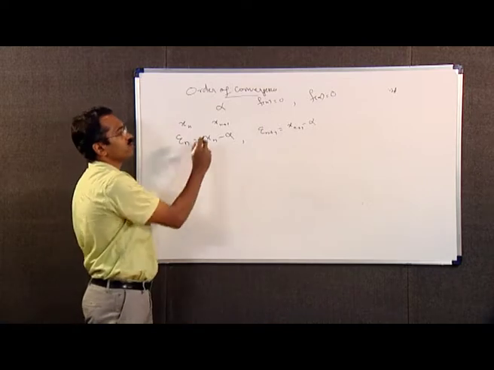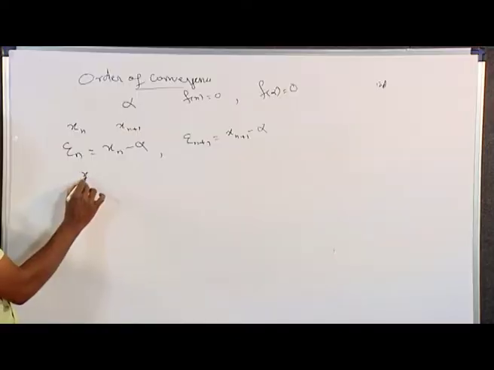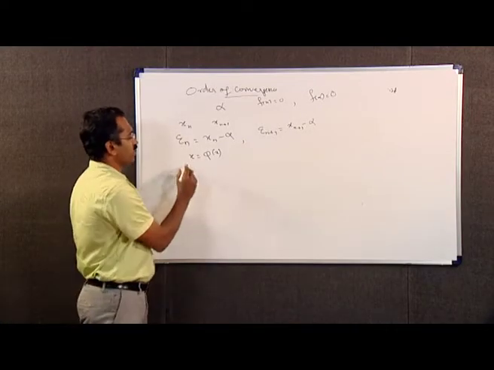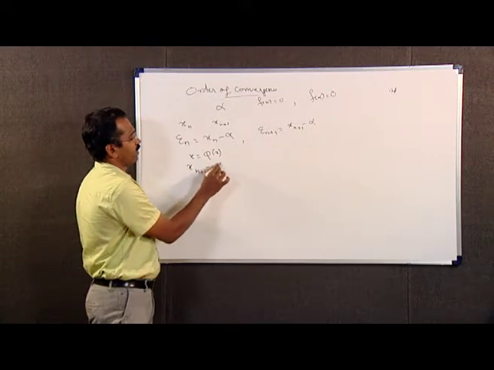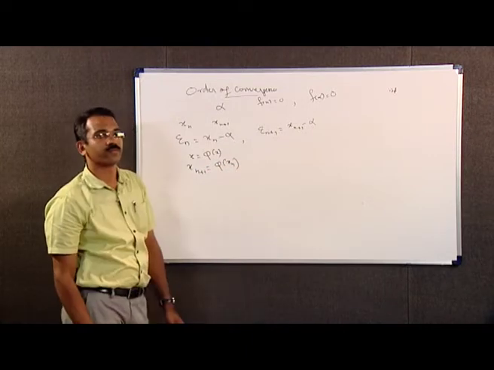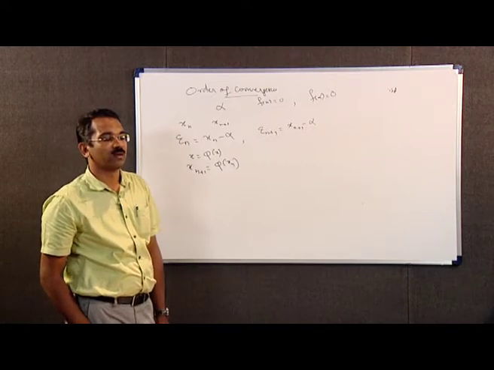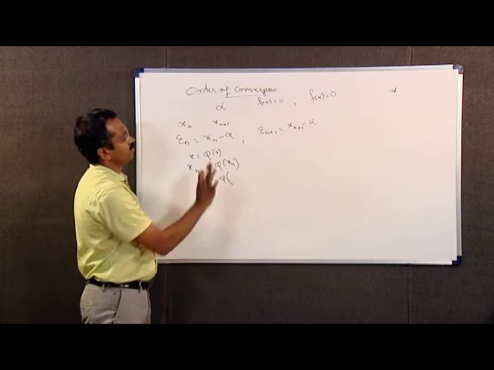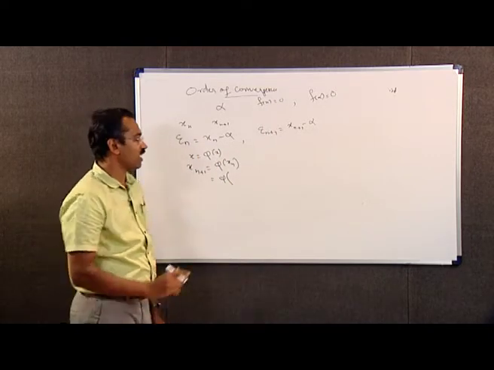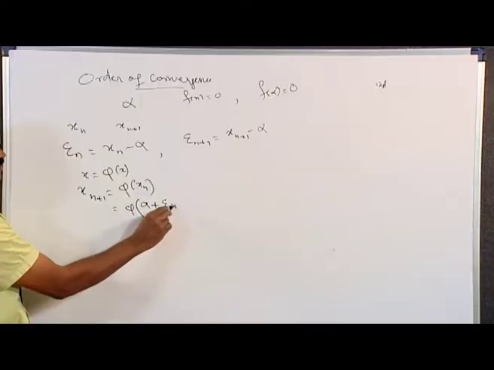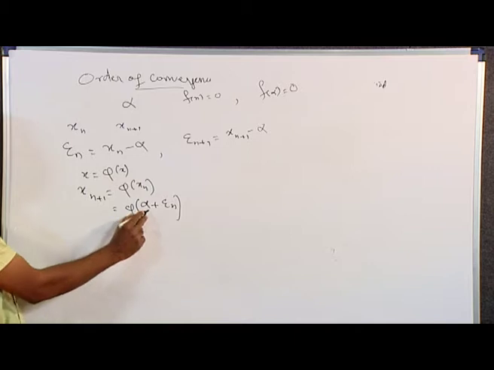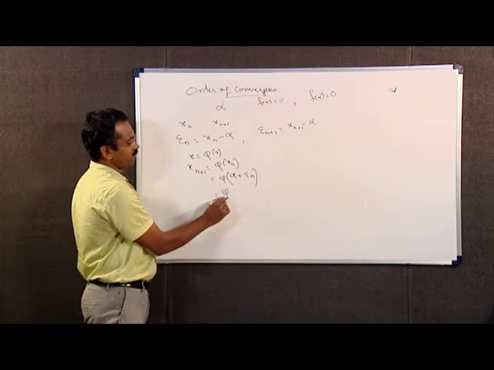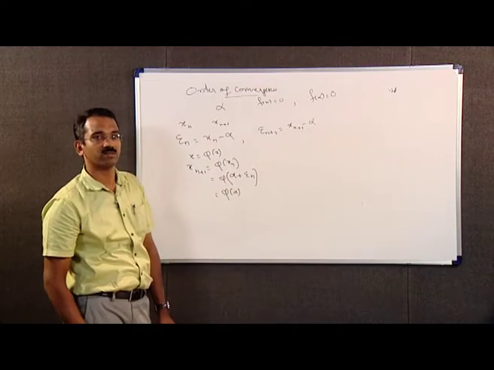If f of x equal to 0 is expressed as x equal to phi of x, we can write x n plus 1 is equal to phi of x n in general. That is equal to phi of epsilon n plus alpha, or phi of alpha plus epsilon n. Here we use Taylor's theorem.